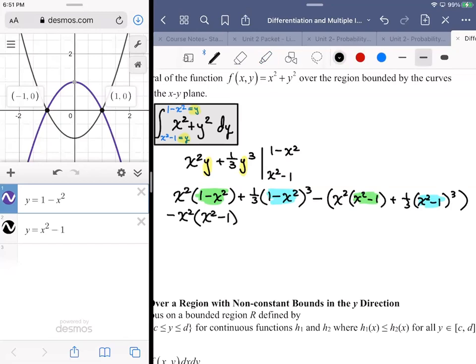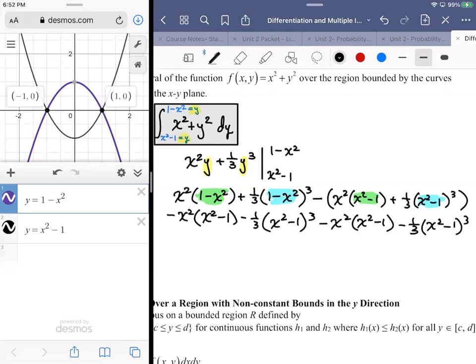Now for the light blue one there, I'd have to pull it out 3 times, but that's not a big deal. Because if you pull out a factor of -1 3 times, it's still going to be a -1. So minus 1/3 x squared minus 1 cubed. And then we can distribute through. We'll have negative x squared minus 1 minus 1/3 x squared minus 1 cubed, right?